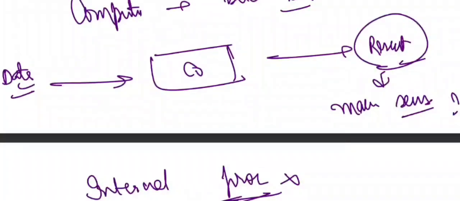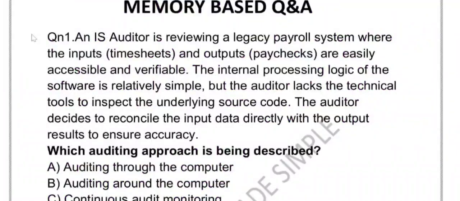The options they have given: auditing through, auditing around, continuous audit monitoring, and finally integrated test facility. Yes, this is called B, auditing around the computer. B is the correct answer. This is called auditing around the computer, which means the auditor ignores internal software logic. They completely ignore the internal software logic.